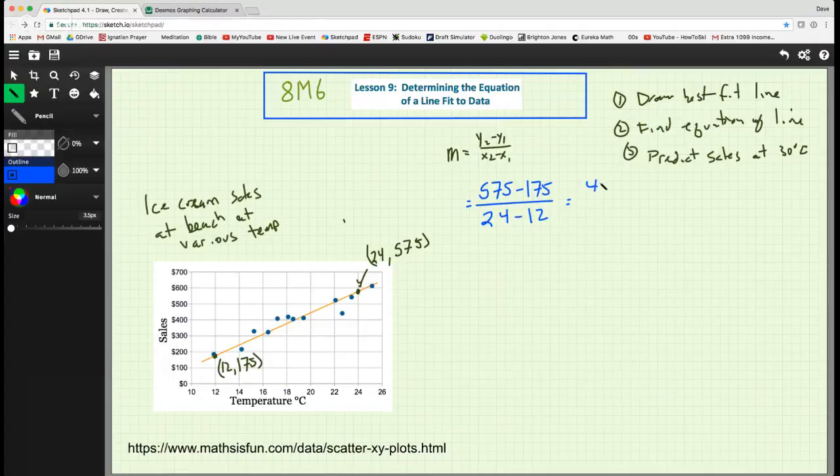And so we get 400 over 12, which is equal to 33 and a third. So it's really 100 thirds, and we can leave it that way. Remember, we divide this by 4, we divide this by 4, and we get 100 thirds for our m.